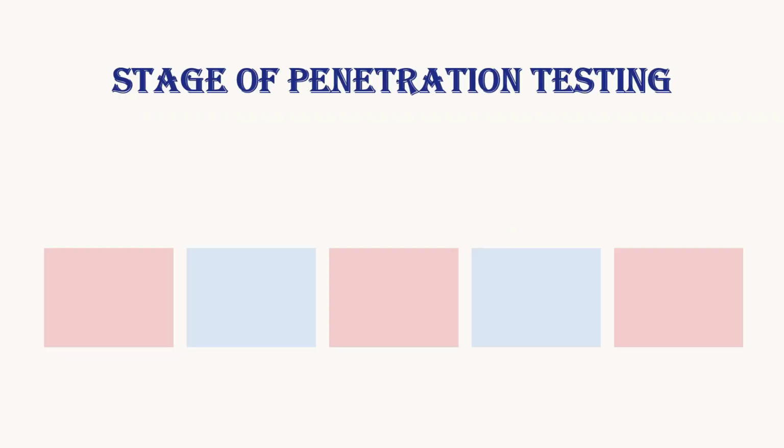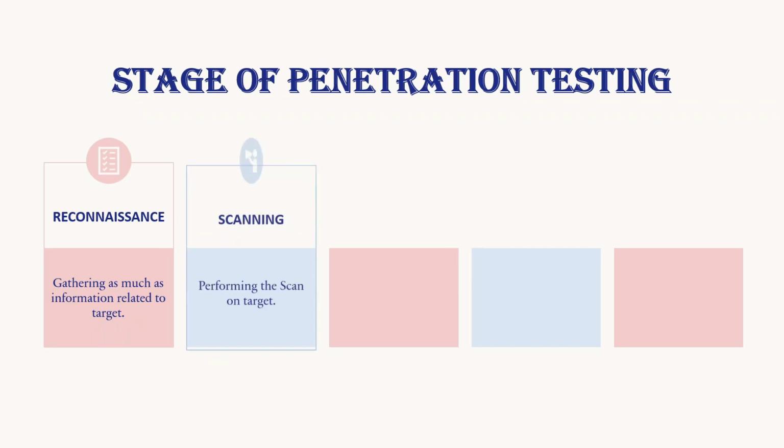The stages of penetration testing are as follows. We will discuss them one by one. The first one is reconnaissance, which means gathering as much information as possible related to the target. The second one is scanning, performing a scan on the target, related to the network or the web.